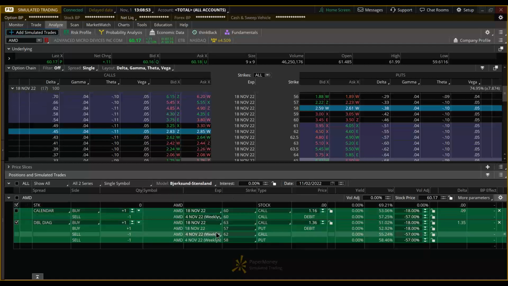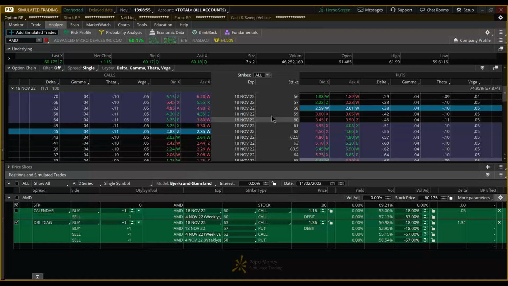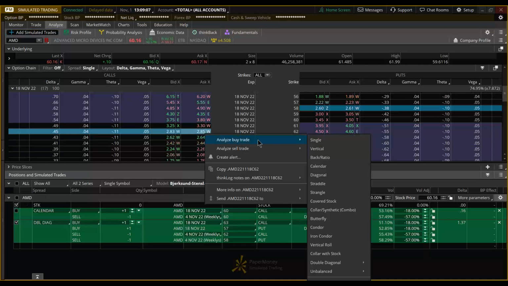Oh, I know why. I had the wrong expirations. Okay, let's do it again. We'll do the 62.58. We'll use the same strikes as the fronts. I know what I did wrong.